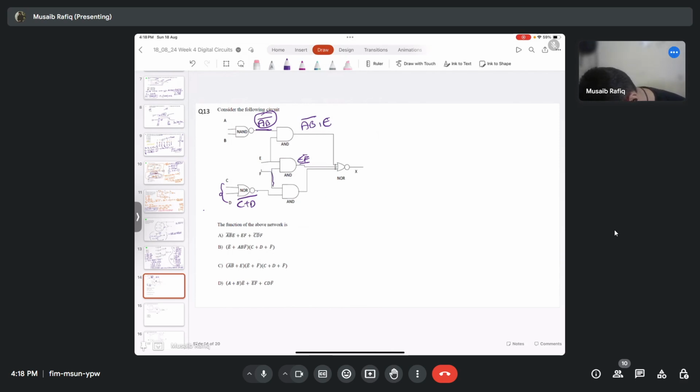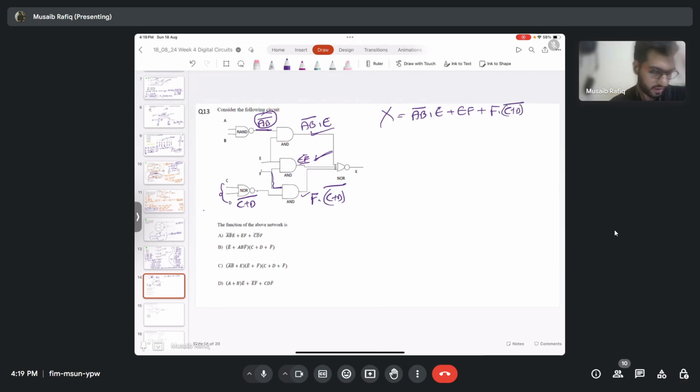So this is F, and this is (C plus D) bar. So it's F dot (C plus D) bar, right? And then my X will be equal to the NOR operation between these three, so it will be (AB) bar dot E plus EF plus F dot (C plus D) bar, right?